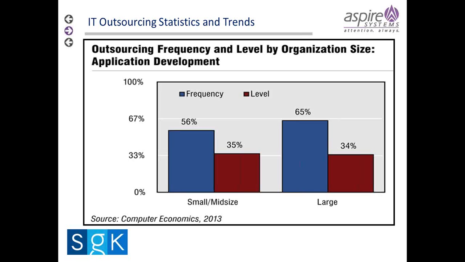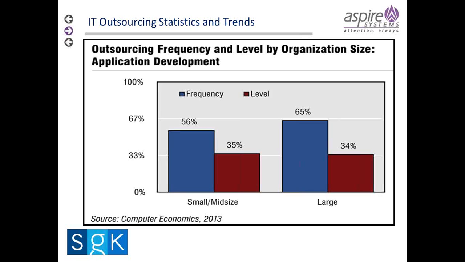And irrespective of the size of the organization, any organization actively involved in IT outsourcing spends approximately 35% of their IT budgets on outsourcing itself, which is a significant number across all industry domains and verticals. That does make IT outsourcing a topic of significant importance in today's world.